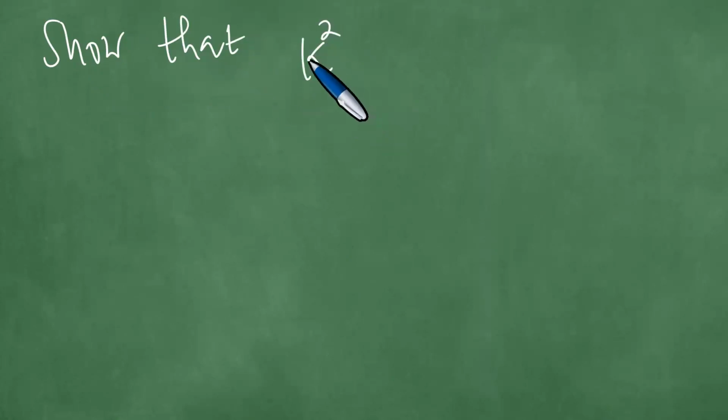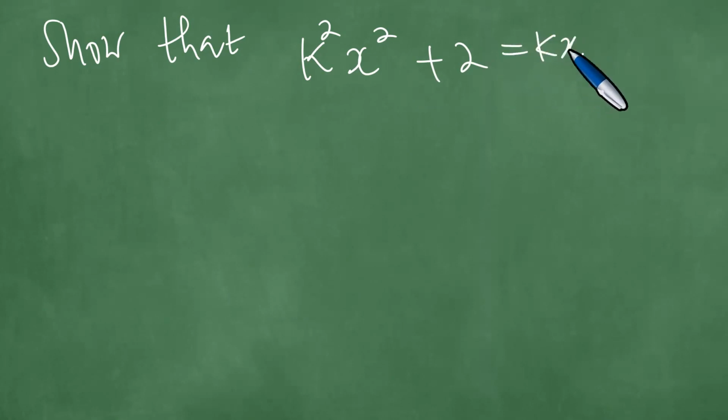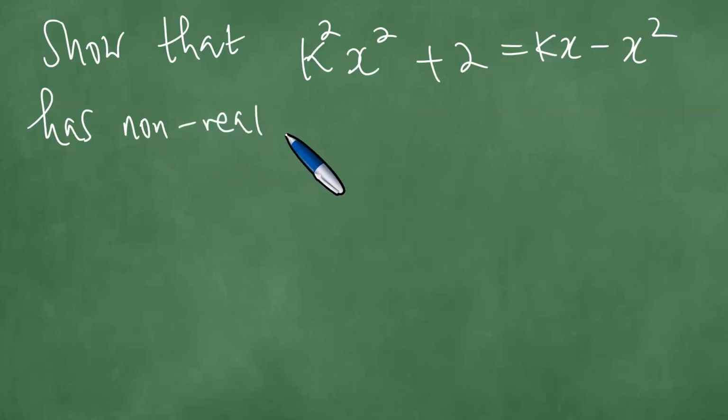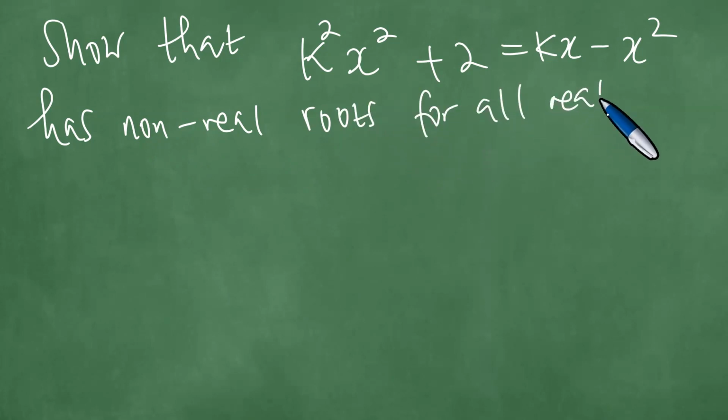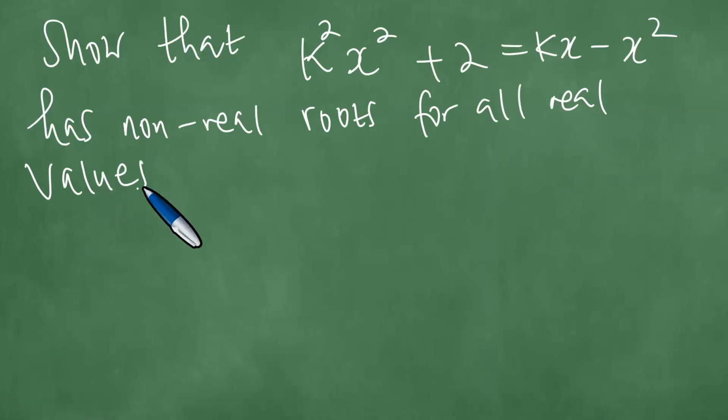Show that k squared x squared plus 2 is equal to kx minus x squared has non-real roots for all real values of k.